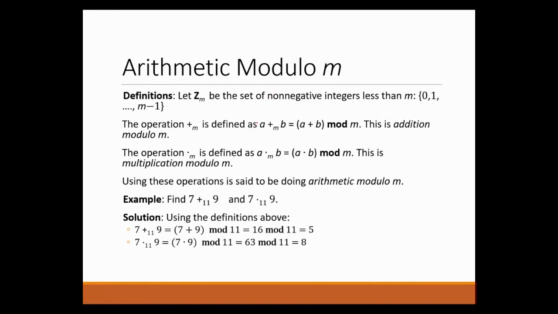If we have Z_m, it's a set of non-negative integers from 0 to m minus 1, and this operator plus_m is defined such that a plus_m b is the same as a plus b mod m.